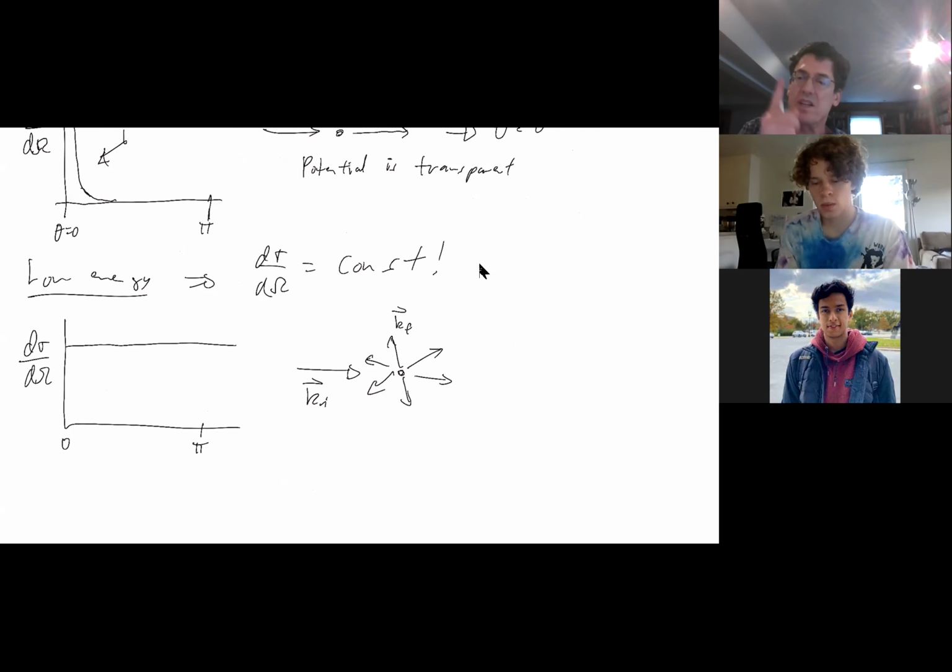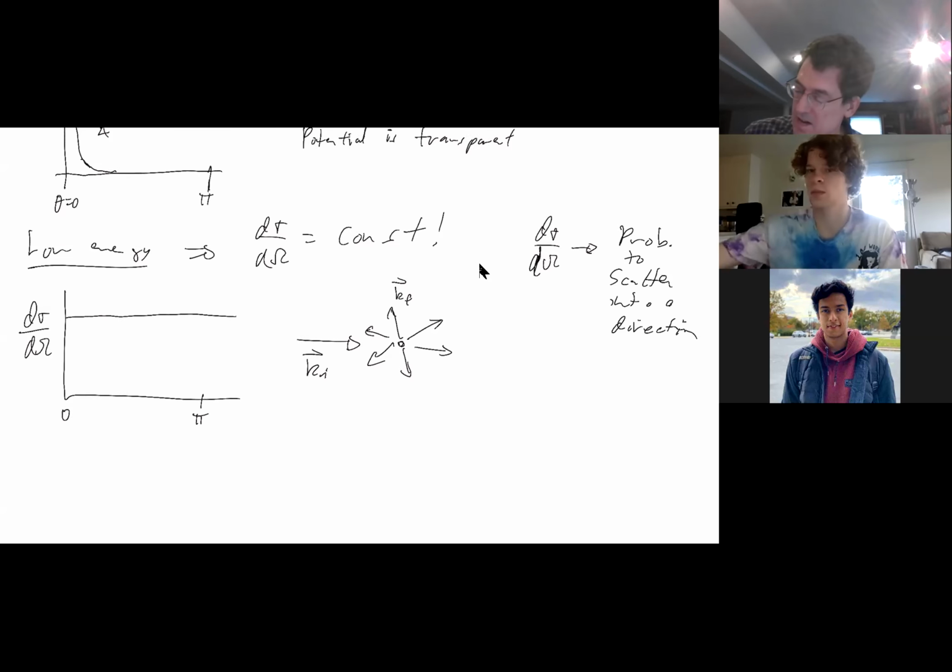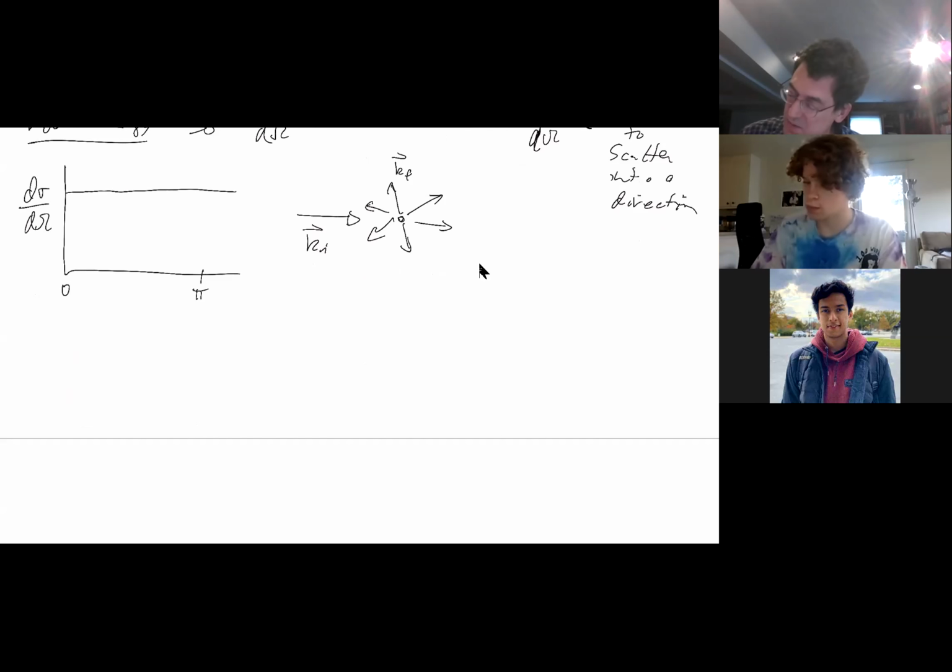So the probability is the same, because remember, d sigma d omega, we can think of it like the probability to scatter in a certain direction. And so this is then isotropic. We call that isotropic scattering.